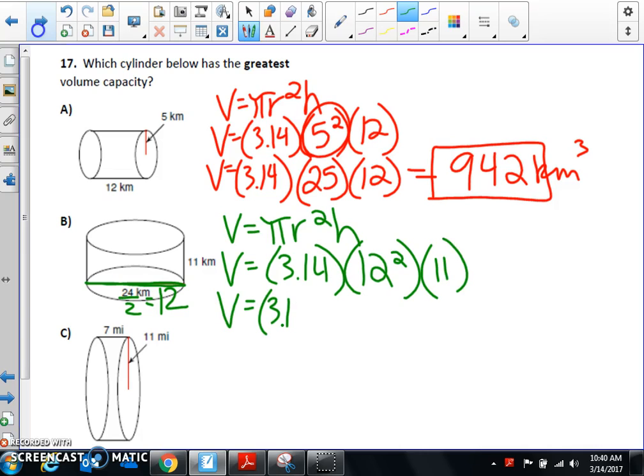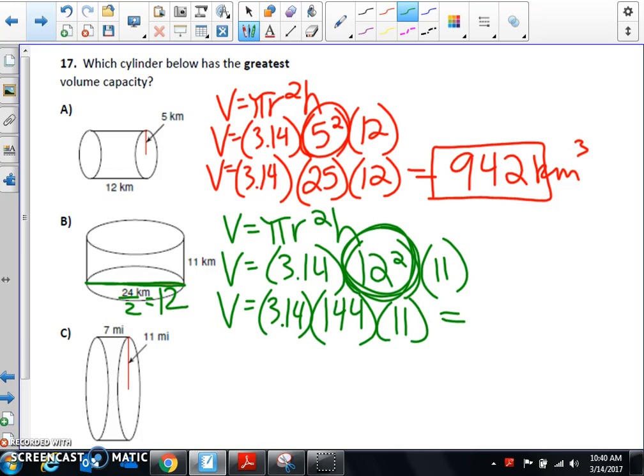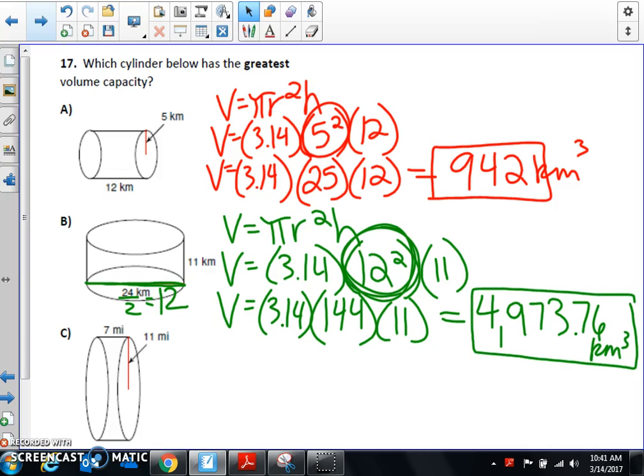Volume equals 3.14. Remember, I got to do 12 squared first. 12 times 12 is 144. And then I plug those in. So 3.14 times 144 times 11 gives me 4,973.76 kilometers cubed. Okay, I'm going to go ahead and keep going.